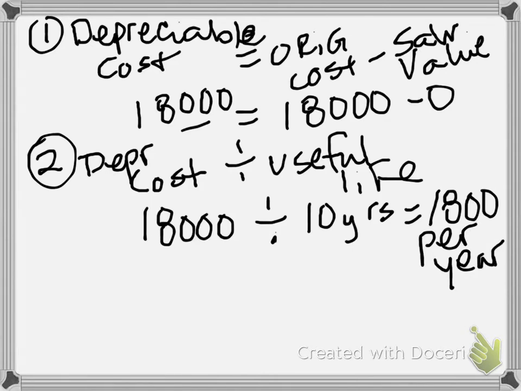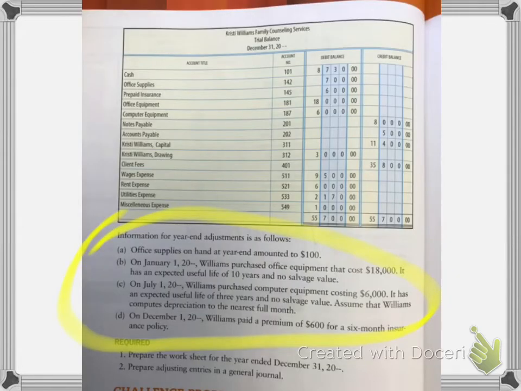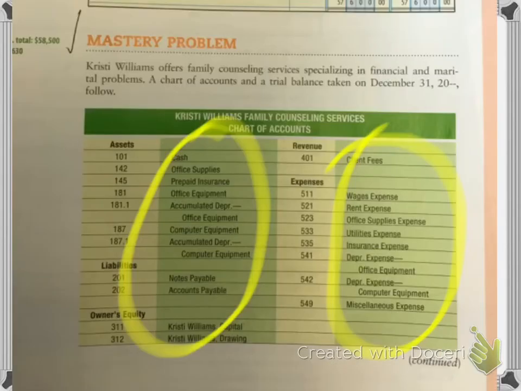So that will be the amount of your entry for B. The amount of depreciation for the office equipment is going to be $1,800. So you will debit, see these accounts are not on here, depreciation expense office equipment, and we're going to credit accumulated depreciation office equipment. You will do that on your worksheet.